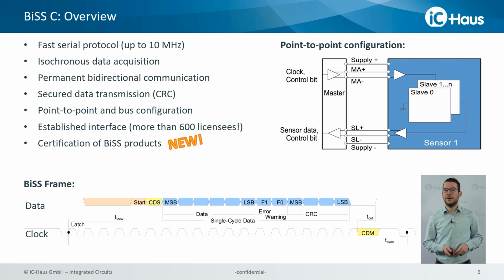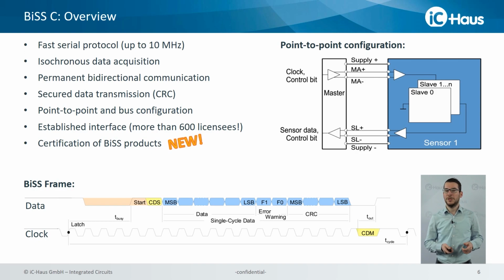And on the bottom, you can find the BiSS frame. Here you can see in blue the data which is transmitted. That can be sensor data. And you will also see 2 yellow bits, 1 CDM bit in the clock signal and 1 CDS bit in the data signal. So there is another communication called control communication, which enables you to access registers of the BiSS slave.